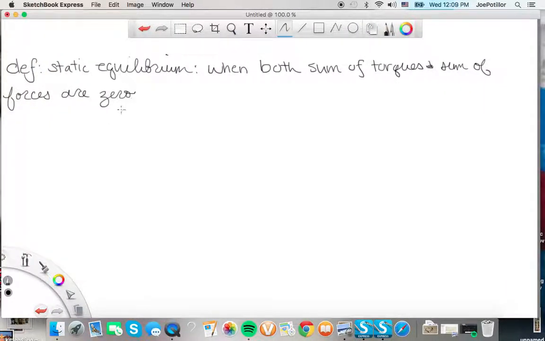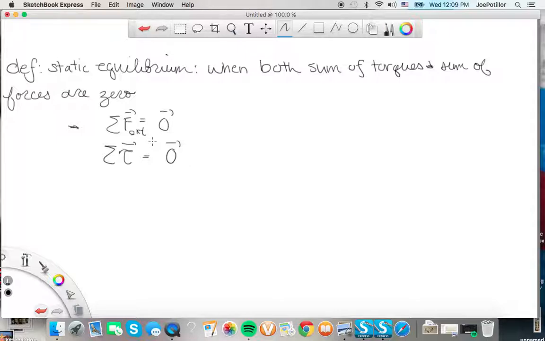Or in a mathematical notation, the vector sum of forces is equal to 0, external forces, by the way. And then the sum of torques is also 0. We're using Greek letter tau for that. Both conditions, this is what we call static equilibrium.